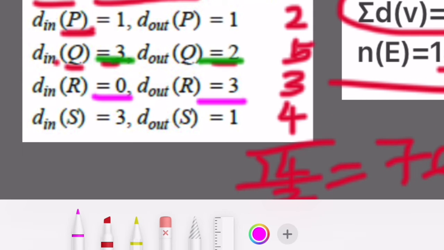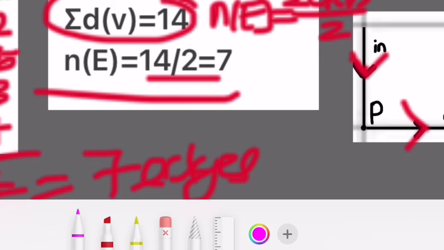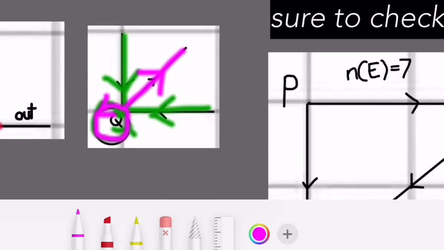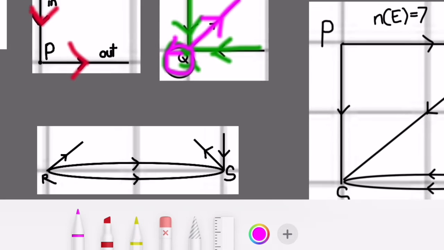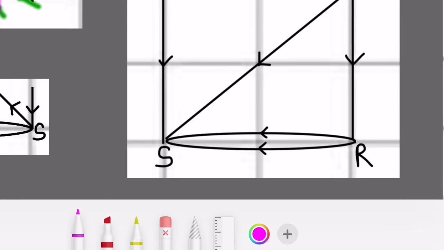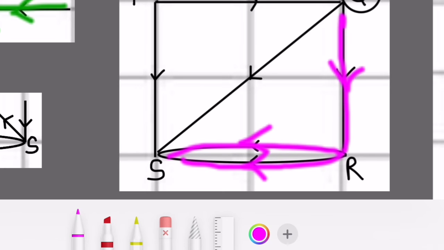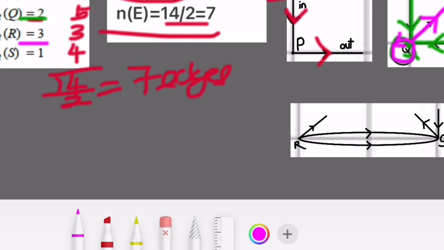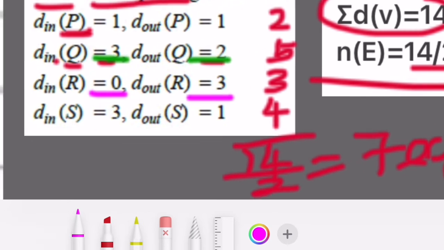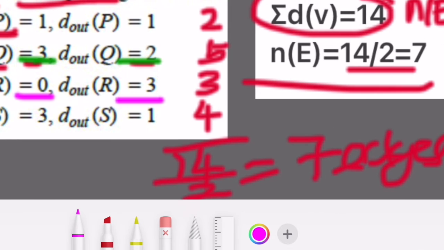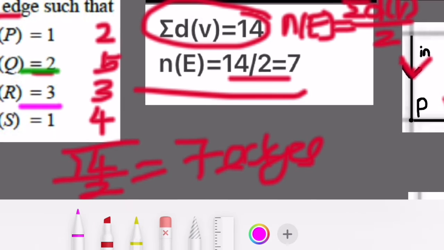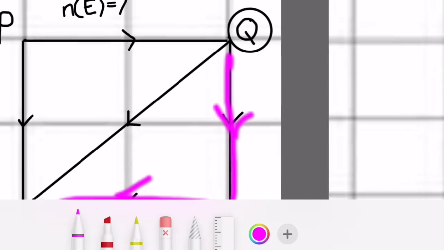Let's see R. For R, we have 0 in and out 3.